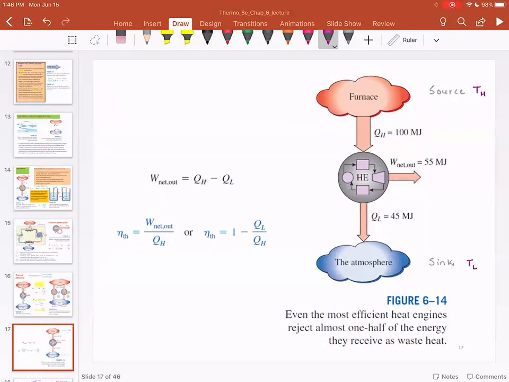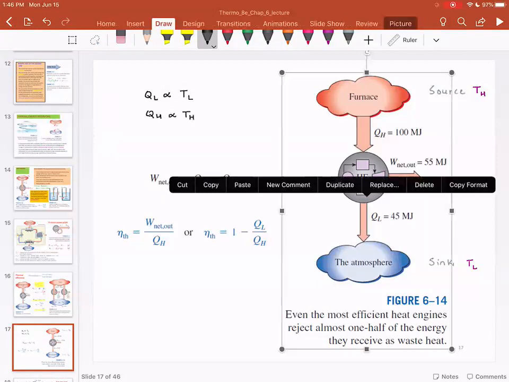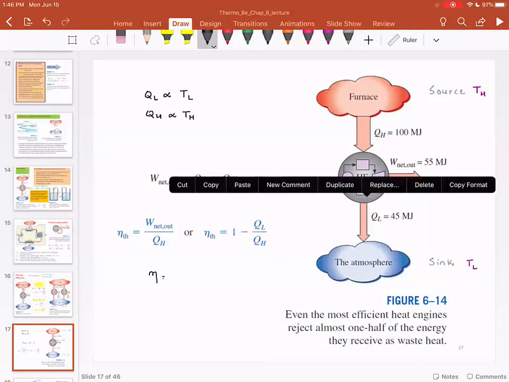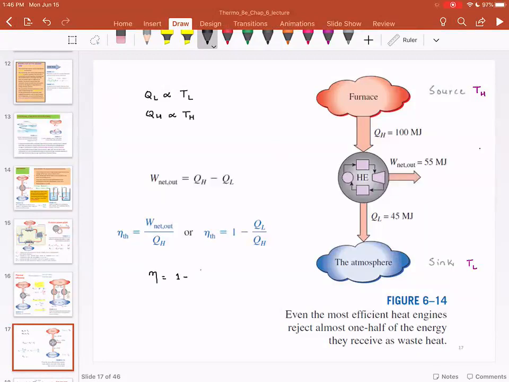So in other words, I can write QL is proportional to TL, QH is proportional to TH, and this equation for efficiency can be written as 1 minus TL divided by TH.